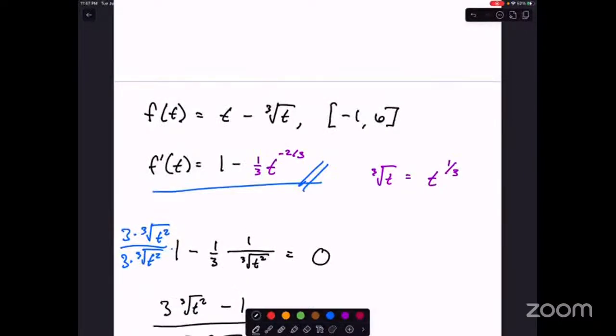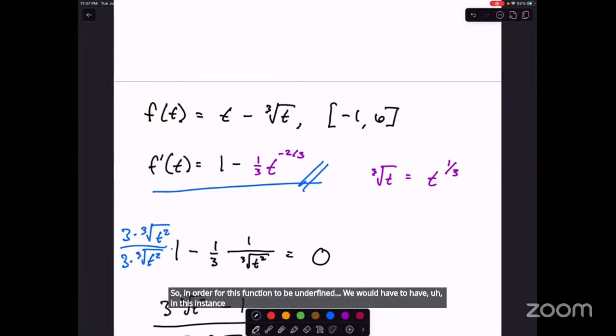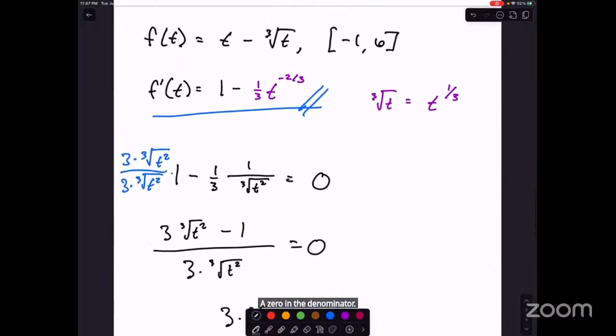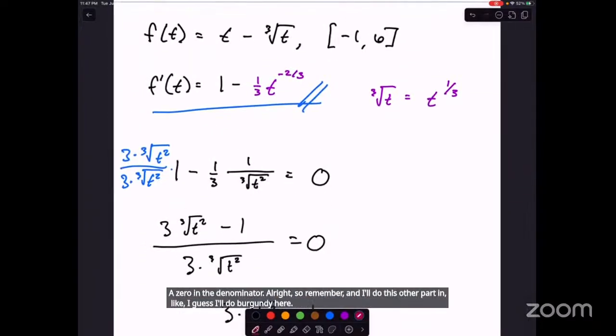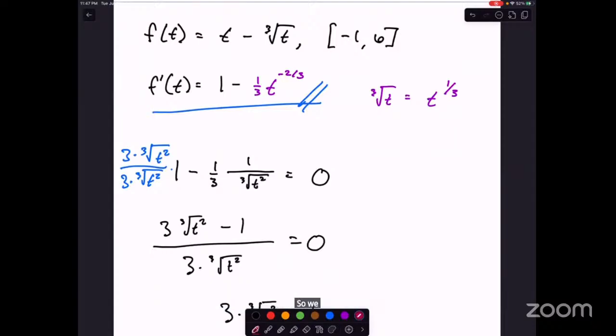Let me see. For this function to be undefined, we would have to have, in this instance, a 0 in the denominator, all right? So remember, we had that negative exponent.